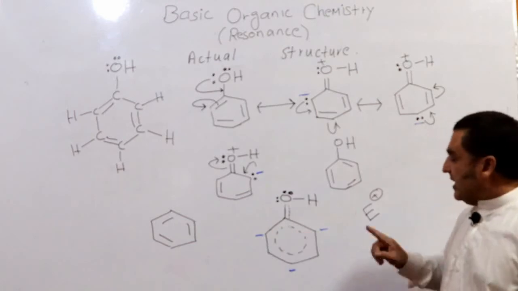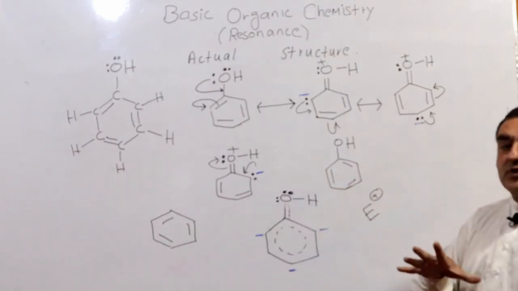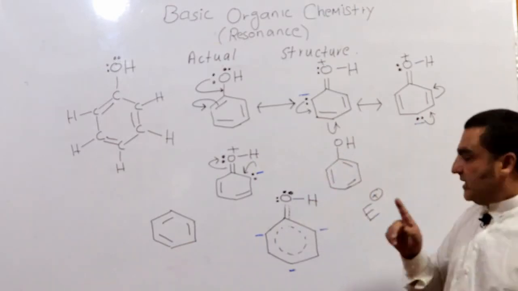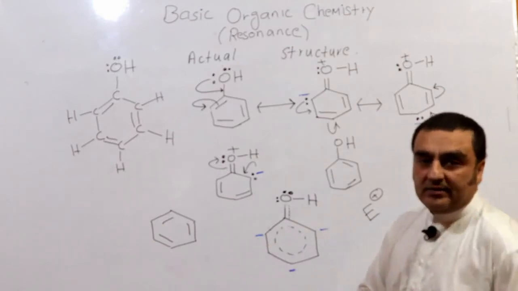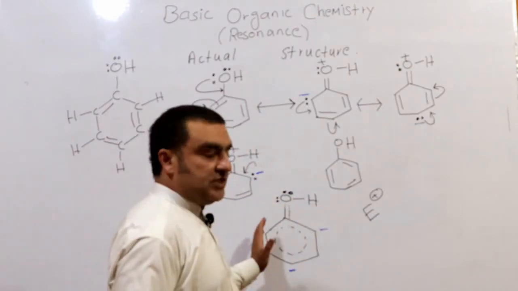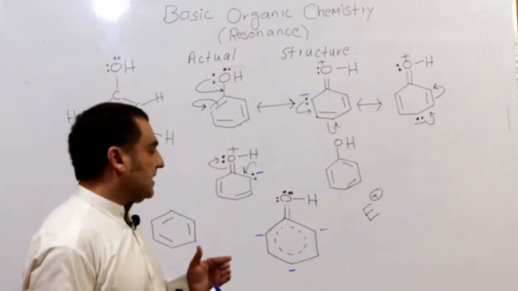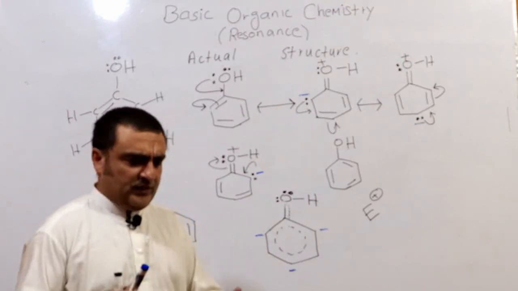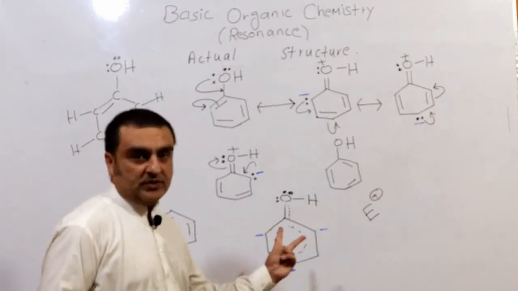So it will be attacked not by this oxygen, because it is now not a normal oxygen, it is a little bit poor. It will be attacked by this or this. That's why any electrophile, if you react it with the benzene having an electron donor, will be attached to the orthos or the para.